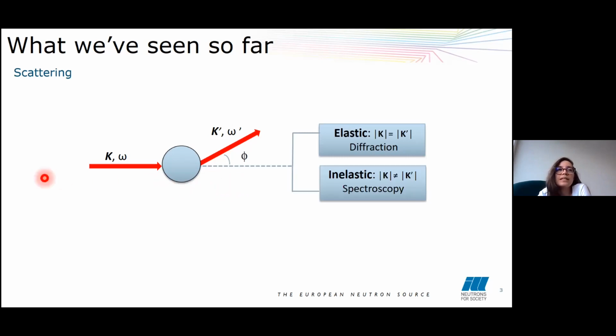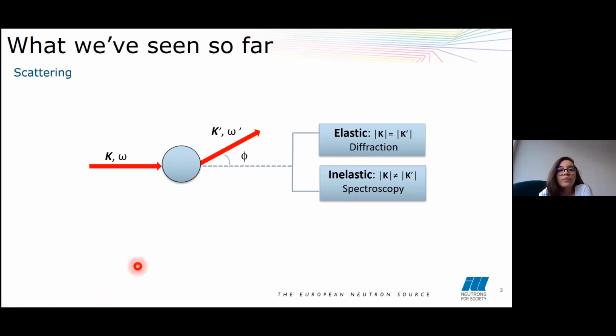If it is elastic, there is no exchange of energy between neutrons and sample. So in this case, we are talking about diffraction. If it is inelastic, then there is exchange of energy with the sample, and we are talking about spectroscopy. And this is what we're going to cover today.